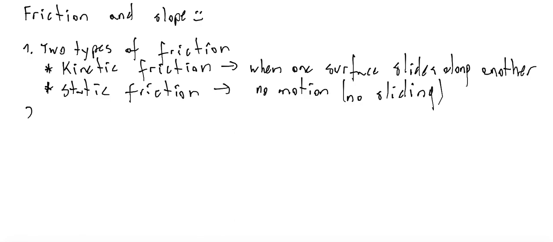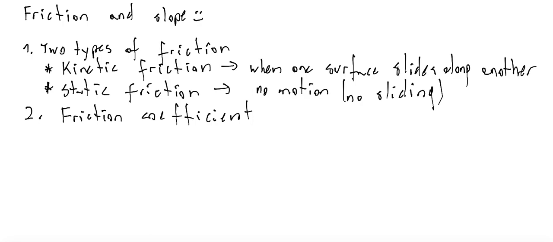And now something new, because mathematically friction is described by one kind of parameter which is called the friction coefficient. So write point number 2, friction coefficient. Okay, what is this friction coefficient?